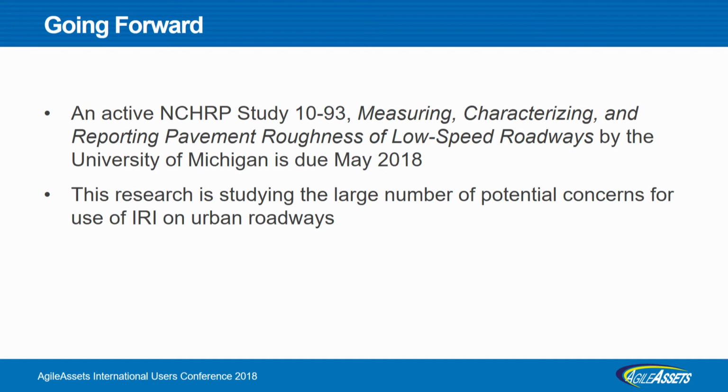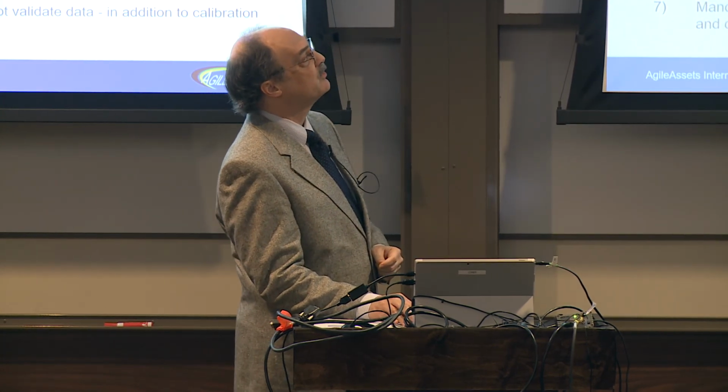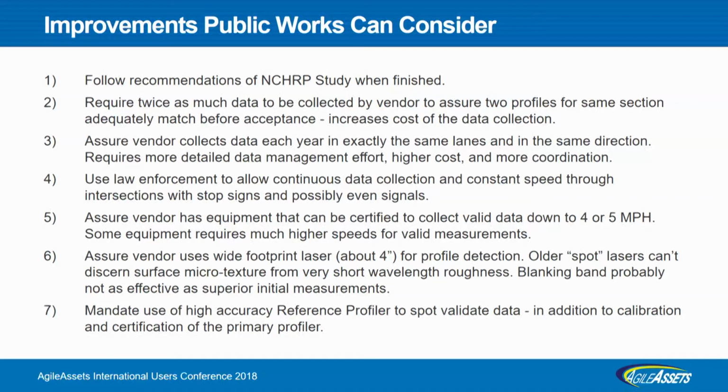They studied the low speed, smaller street environment of the urban setting to look at how collecting roughness scores might be improved and what factors are affecting it most drastically. So we've got some things we could do, including following that study's recommendations, but we might change our data collection methodology.